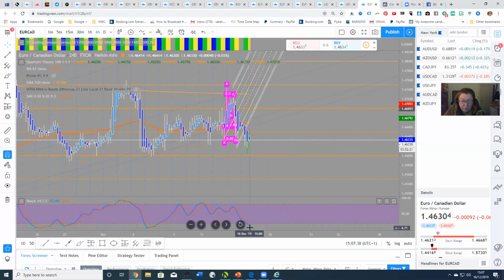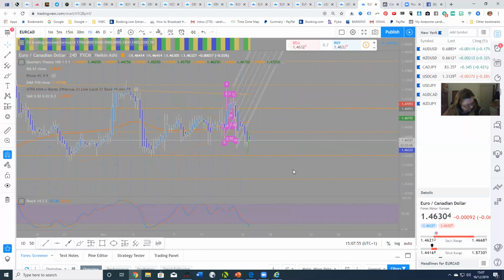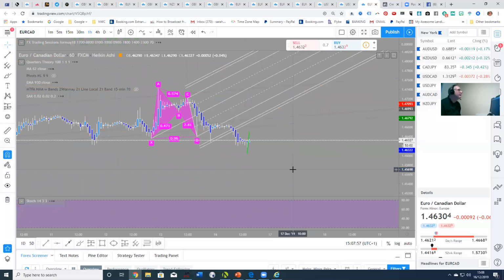The lines are wider apart. It's going into a bit of consolidation there. Okay, so we're looking for a SAR. And the red and the blue line below the stochastic are actually turning. Oh, okay, so that's coming up for a buy. So that's worth keeping an eye on for a buy.